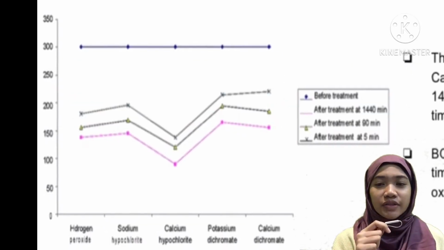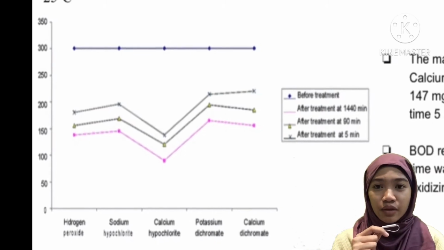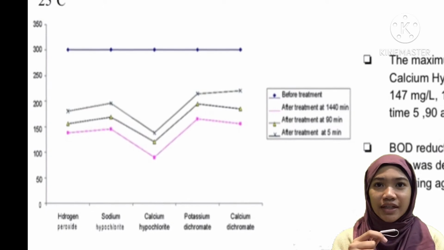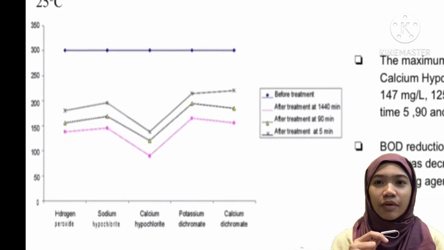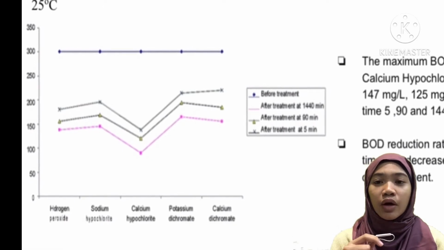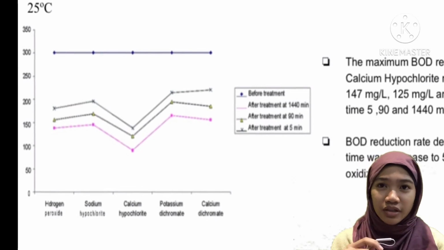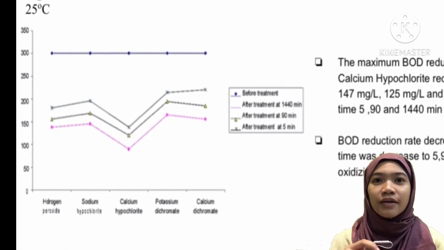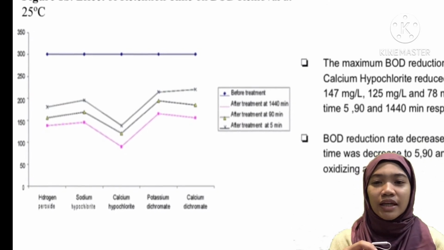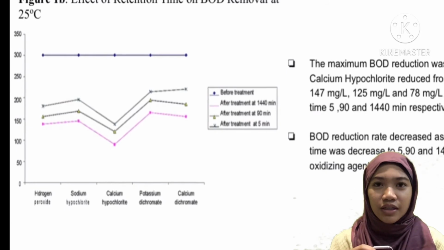The next graph is about the effect of retention time on BOD removal at 25 degrees Celsius. From the graph, the maximum BOD reduction was achieved by calcium hypochlorite, reduced from 300 mg per liter to 147 mg per liter, 125 mg per liter, and 78 mg per liter at retention time 5 minutes, 90 minutes, and 1440 minutes respectively.